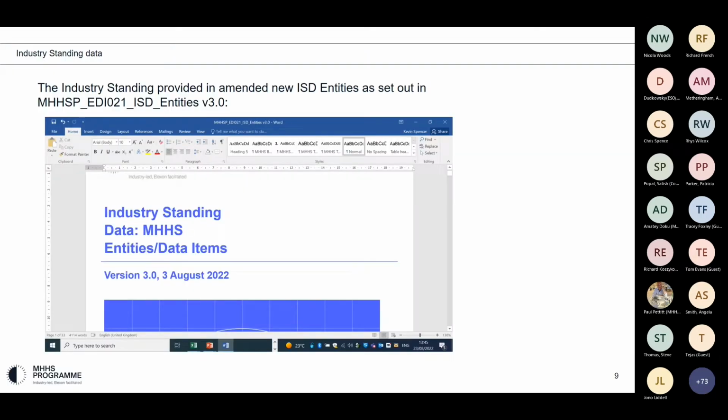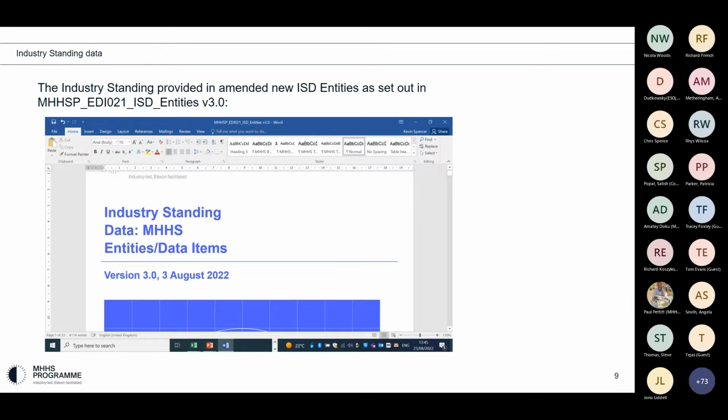The new and amended ISD entities, so that's amended MDD entities, are set out in this artifact. It's called MHHS PEDI 021. That's entity data items is what the EDI stands for, not to be confused with that acronym being used elsewhere in the industry.